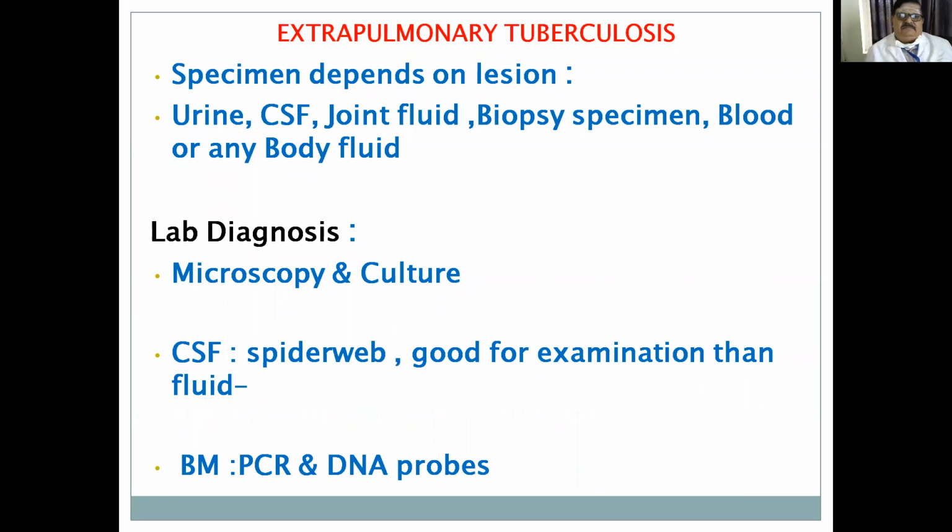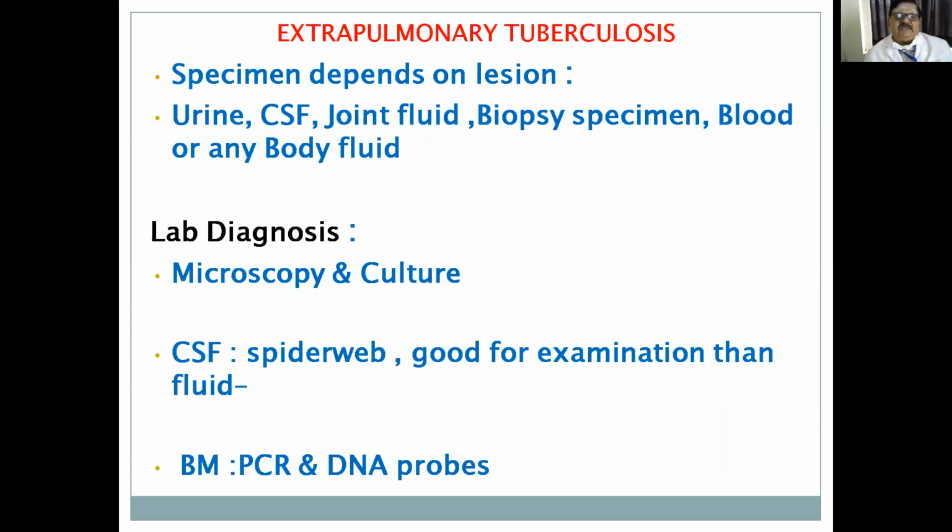Okay, urine we have said. CSF, joint fluid, biopsy specimen, blood or body fluids can be used. Laboratory diagnosis, microscopy and culture. If it is CSF, as I told you while we were talking about the appearance, like a spider web, that is good for doing the smear as well as examination or culture techniques.